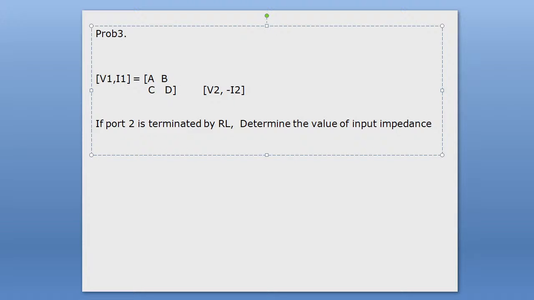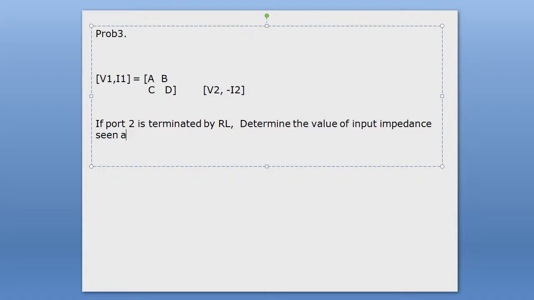Input impedance seen at port 1. You just mention it, seen at port 1, because there are two ports. Okay, you calculate it yourself.